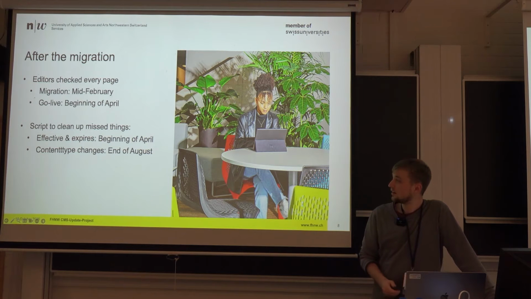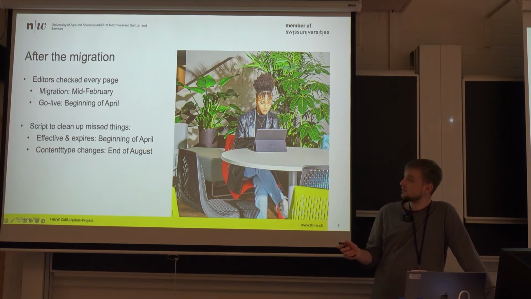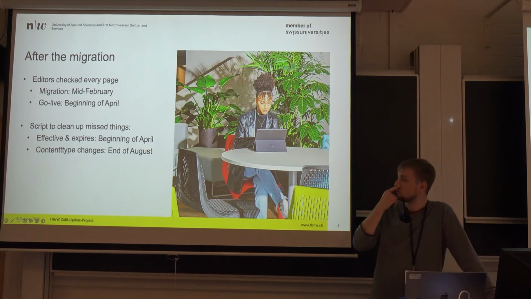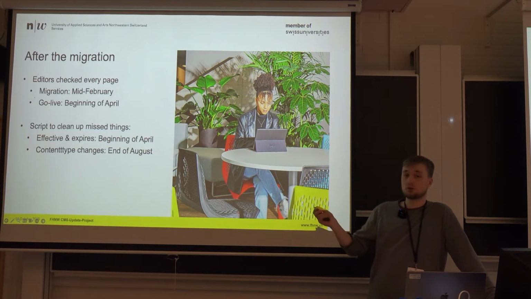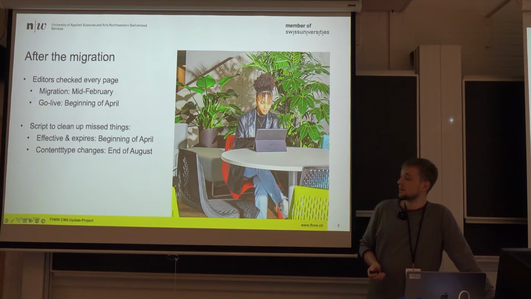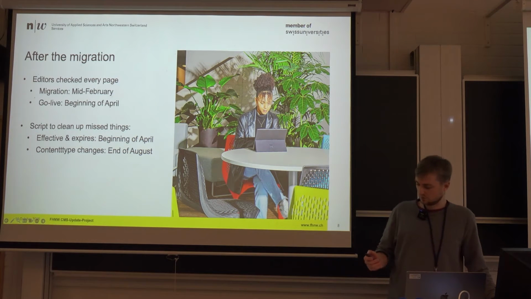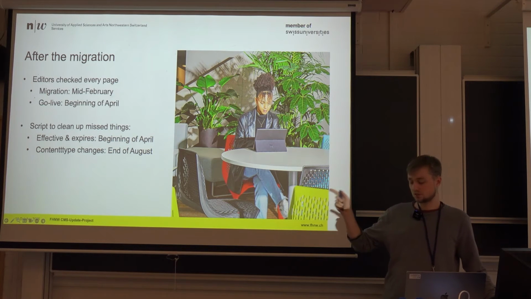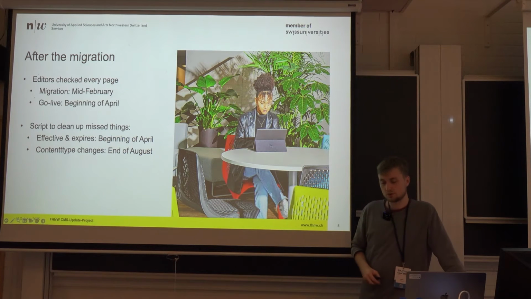And some things even came up even later. I mean, just before going live, we saw that there's something wrong with the effective and expire state, which we had to fix. Luckily, this went quite well without any problems there. But even later, we found some of the content types were not mapped correctly.